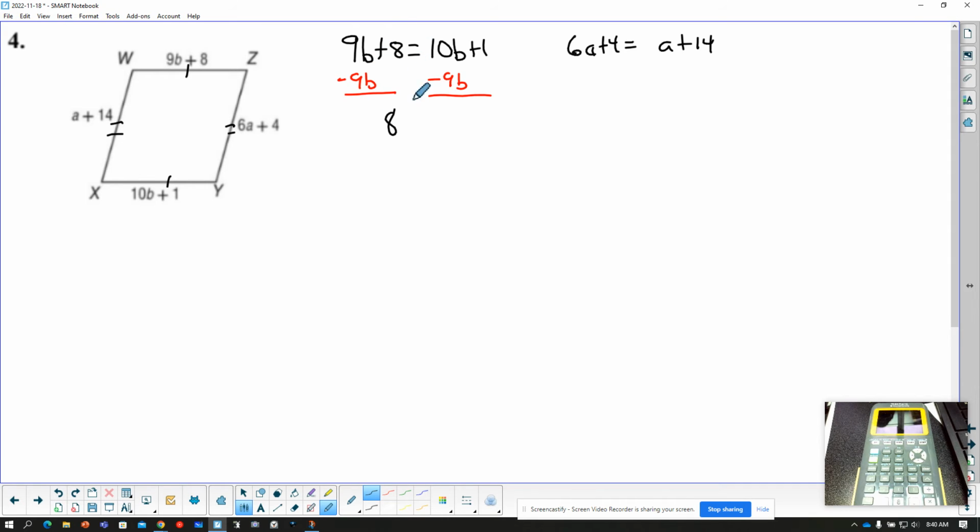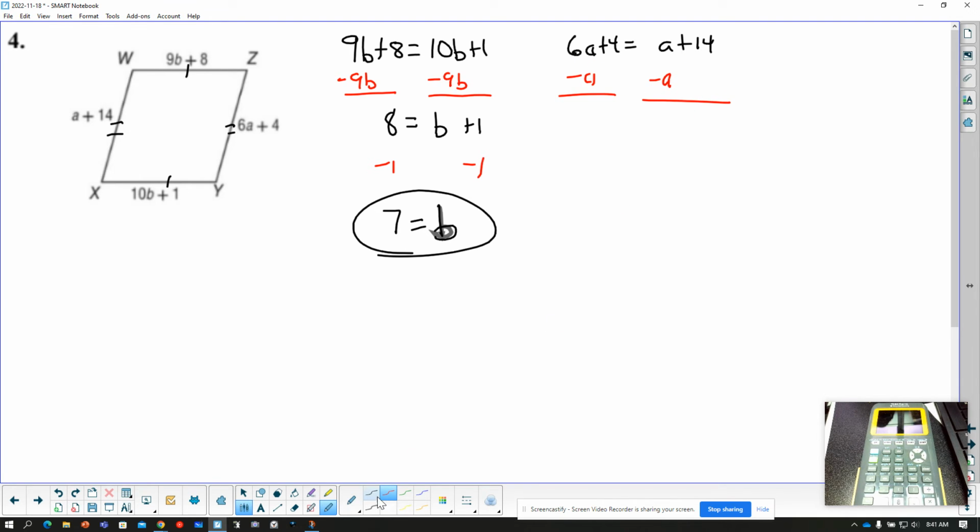So we have 8 equals 1b plus 1. And then we're going to subtract 1 from both sides. And so we end up with b equals 7. This one, subtract a from both sides, and we get 5a plus 4 equals 14.